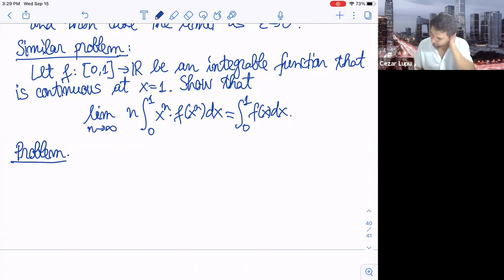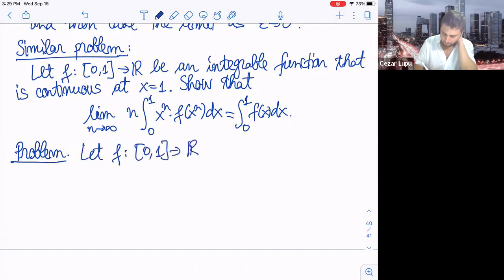But anyway, let f be a continuous function.